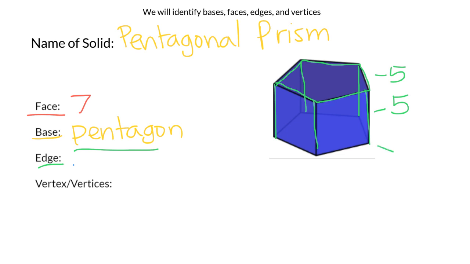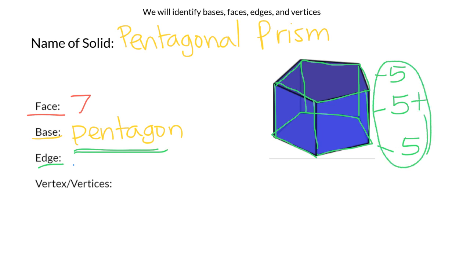And then lastly, if we count our edges on our base, where the sides of our pentagonal base are going to meet with those rectangles, we should have 1, 2, 3, 4, 5 again. And that should still make sense, kind of us checking our work here. We know a pentagon is a 5-sided polygon that makes up our base. So 5 plus 5 plus 5, or you could also look at this as 5 times 3, for a total of 15 edges.